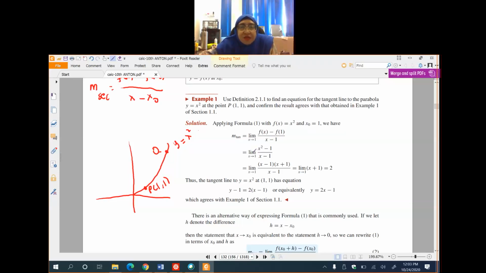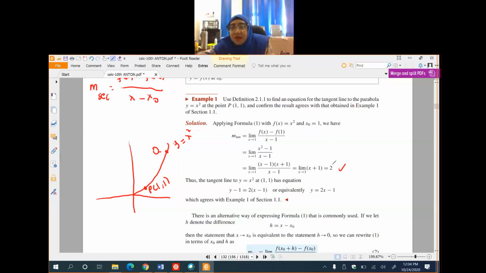If you substitute x equal to 1 here, you will have a problem because the denominator will be 0. We don't want that. We have to simplify so that the denominator is cancelled out. So we factorize x squared minus 1 as x minus 1 times x plus 1, and that's why we can cancel out the denominator. So we get x plus 1, and after that we substitute x tends to 1, it gives you 2. So this is the slope of the tangent line.